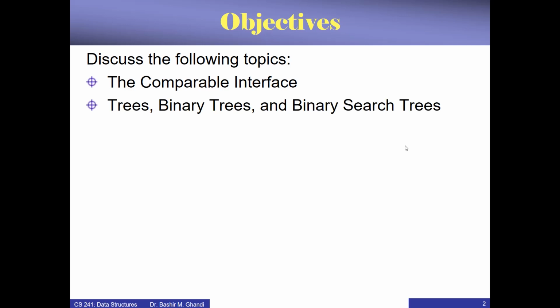Now, once we understand the comparable interface, then we can begin our study of trees. We shall start by looking at general trees, learn their definitions, their basic terminologies, and then we narrow down to binary trees, which are special types of trees.